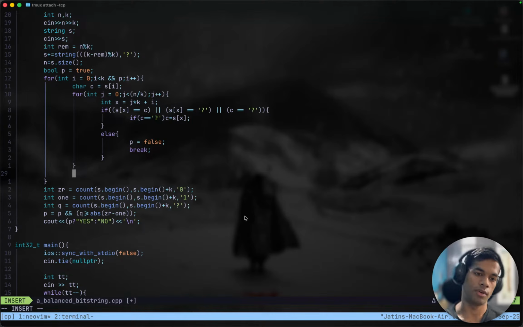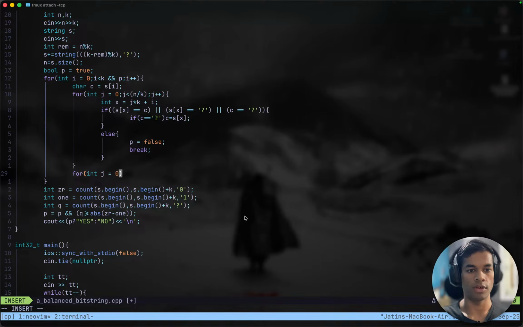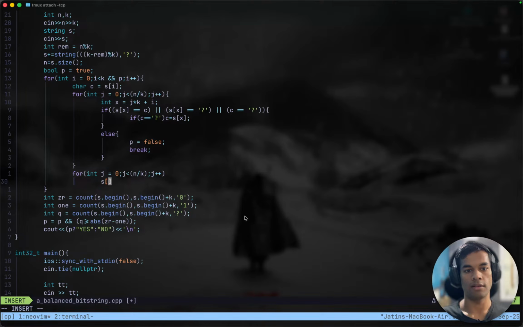But if we do have a certain choice, then we would like to fix every ith character in every jth string to be equal to c. So j starting from 0, j less than n divided by k, and j plus plus. What we do is s[j*k+i] equals c.